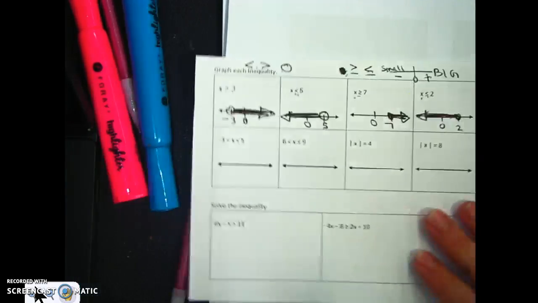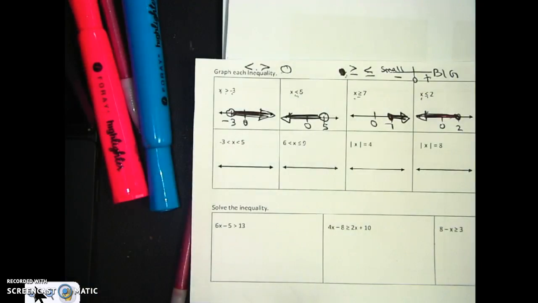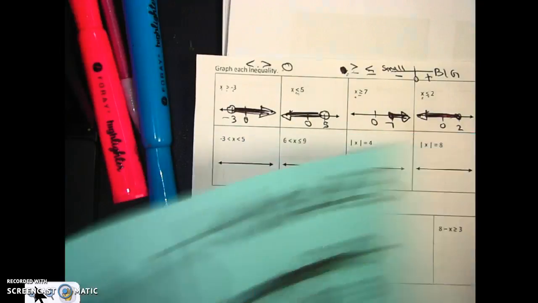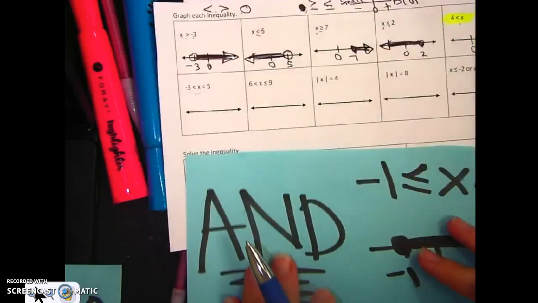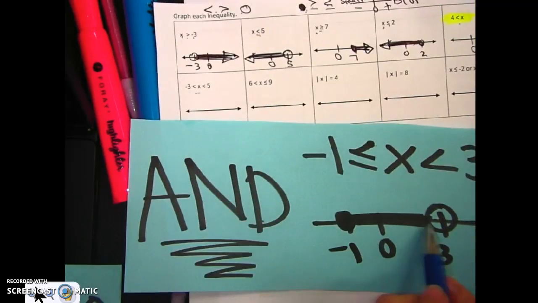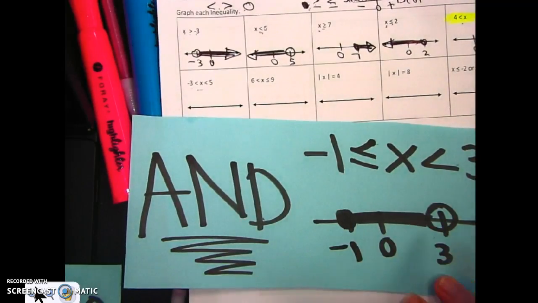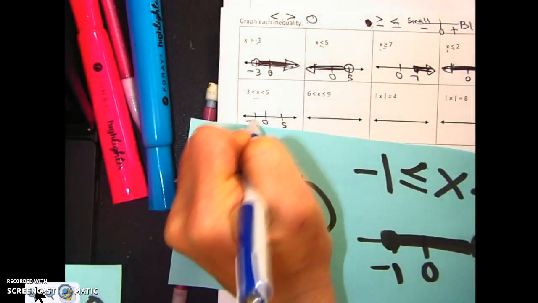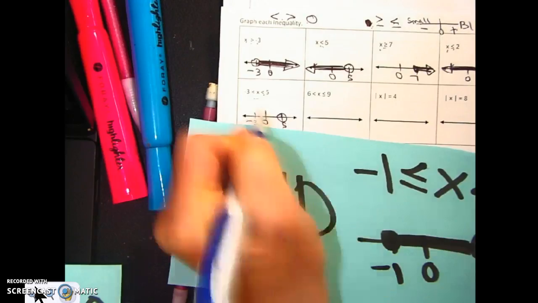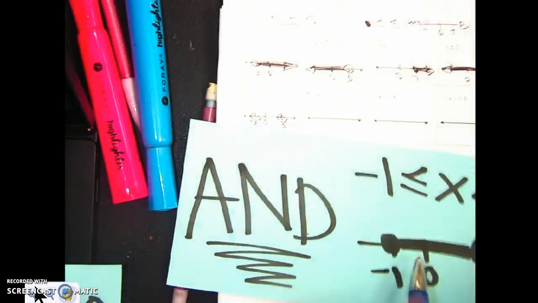Okay? This one, since I have 2, I have to decide if it's an and or an or. They're literally touching. Since it's touching, it's an and. I'm going to be shading in the middle of those two numbers. So 0, 5, -3. Boom, open circle, boom, open circle.